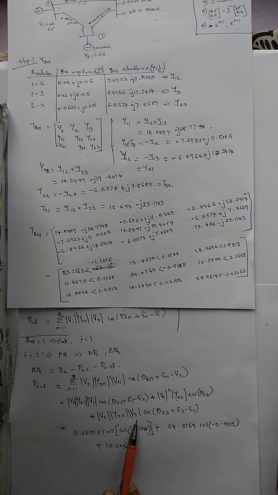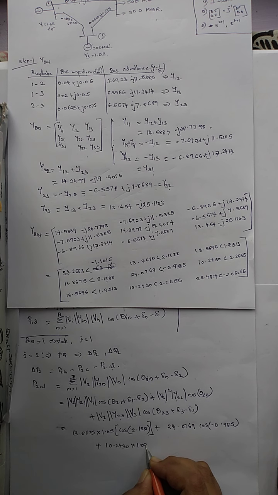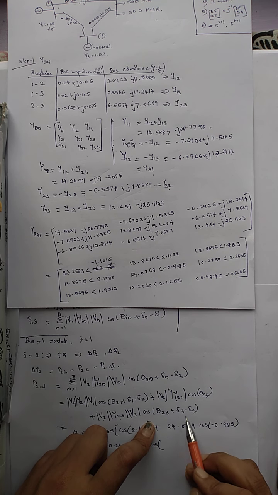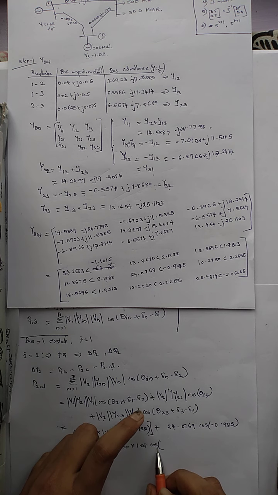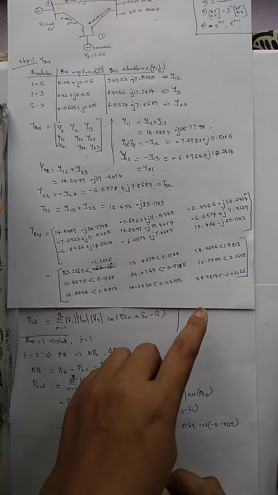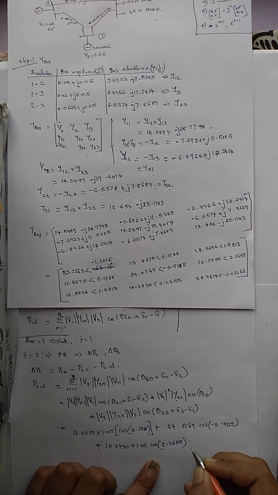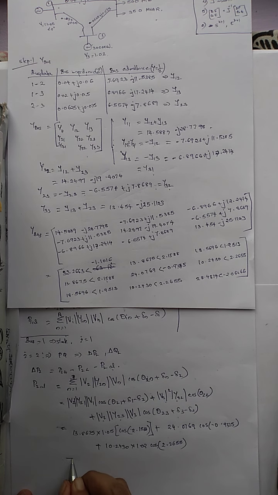V3 value is given as 1.02 cos of, what is theta 23 value, isn't it? These delta values are zeros in the question. So theta 23 value is 2.2655.